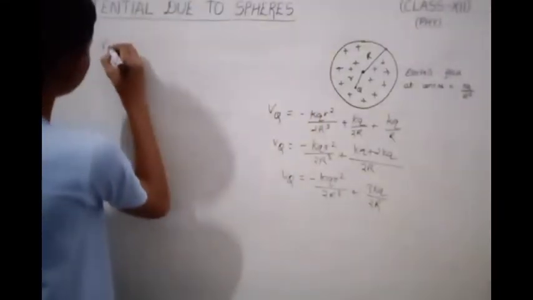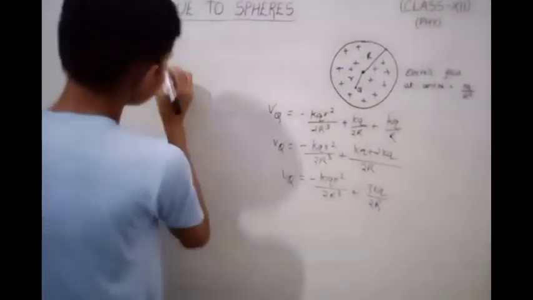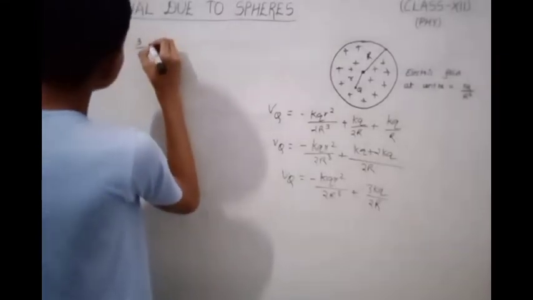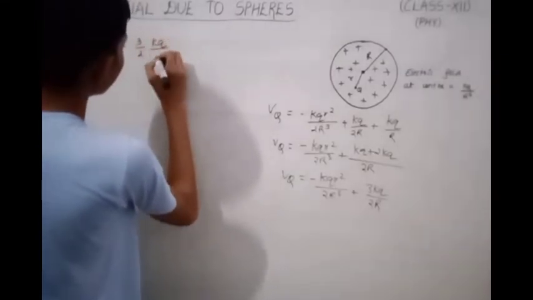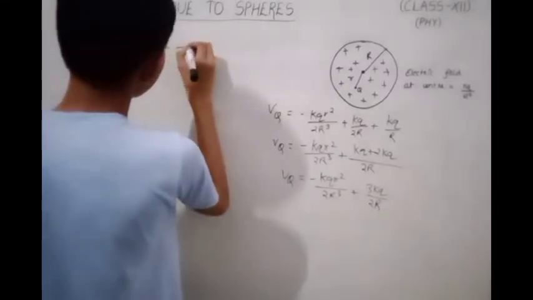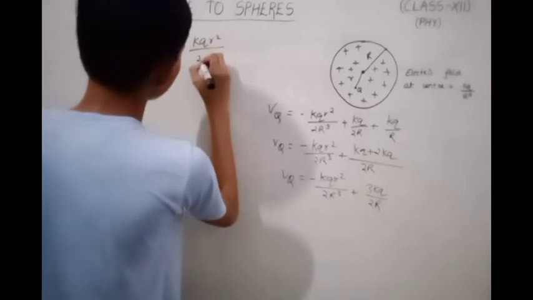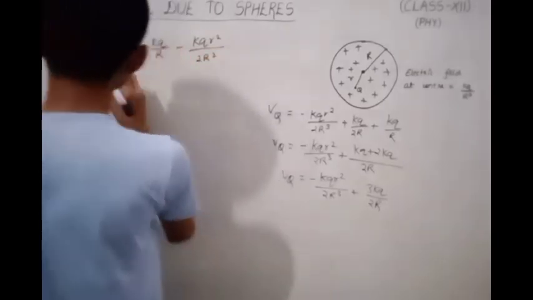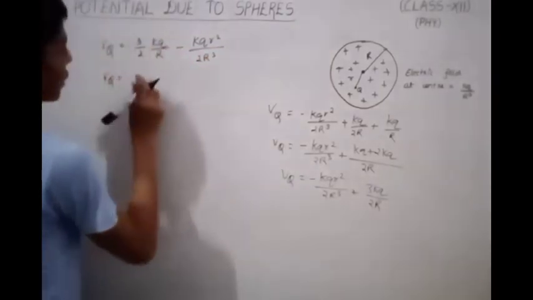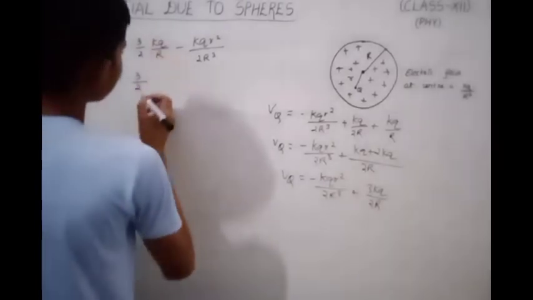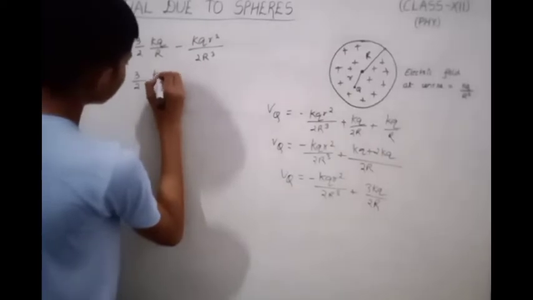The equation becomes Vq equals 3 by 2 kq divided by capital R minus kq r square divided by 2R cube. We simply multiply and divide this term by R square.